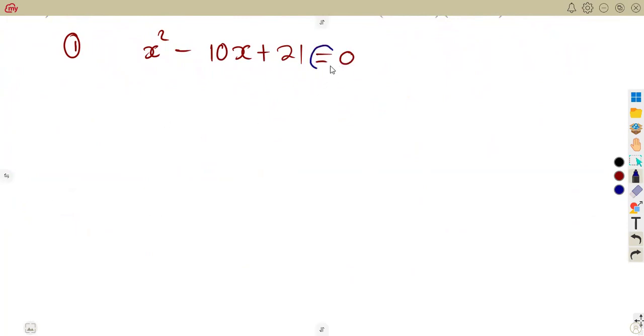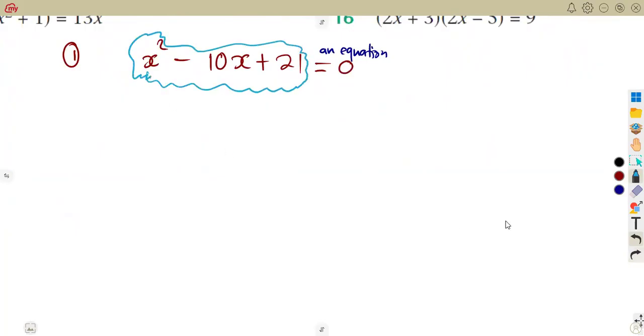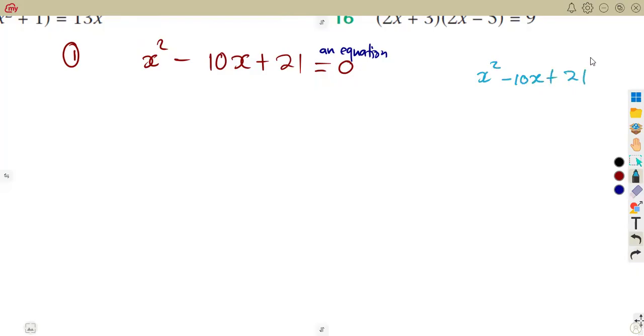So the moment that we have the equal sign, we are now considering an equation, which is different from what we had as this part only. When we worked this part, remember we had a factorization on its own. You had to factorize that. It's an expression that we are given, the x squared minus 10x plus 21. We are working with an expression.